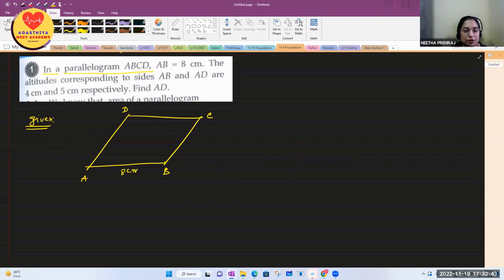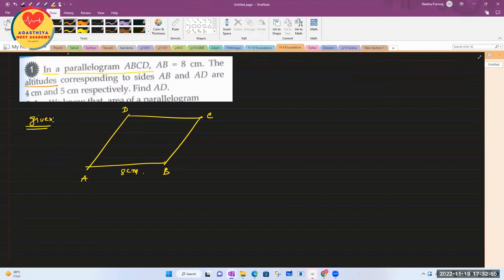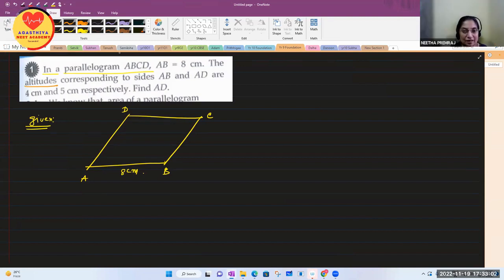And the altitudes, what do you mean by altitudes? Altitudes means height. The altitudes corresponding to sides AB and AD are 4 and 5 centimeter respectively.